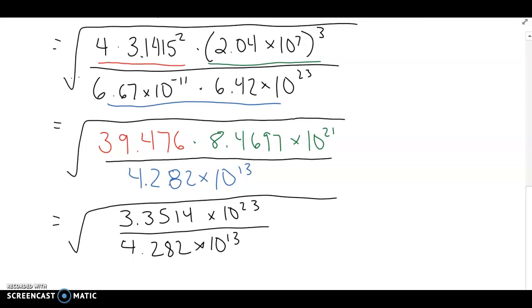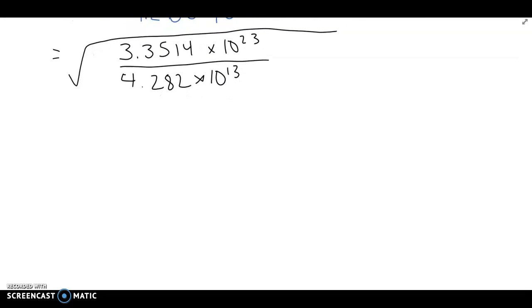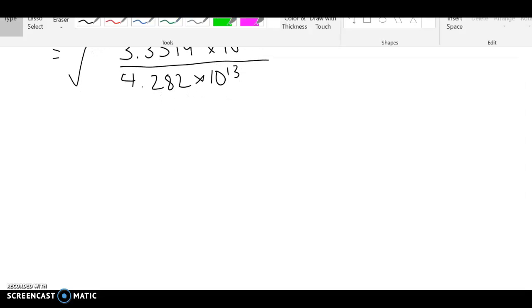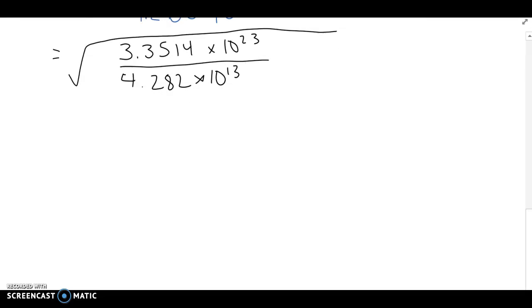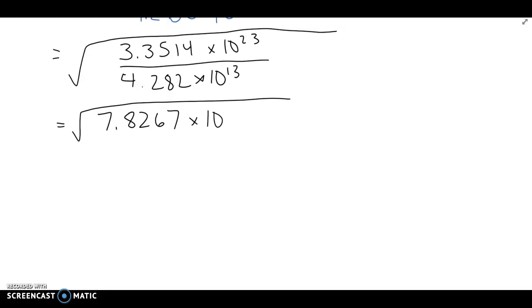And let me move this up. Then we divide those two, so we get 7.8267 times 10 to the 9th.